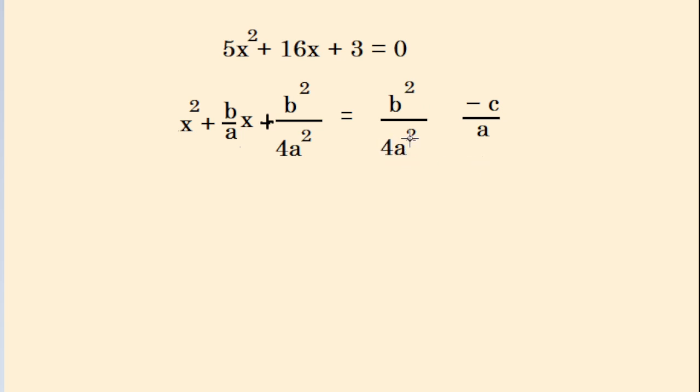So this is 4a squared and this is just a. So we need to make it 4a squared as well. It's easy. First we multiply both top and bottom with a. Nothing hard.